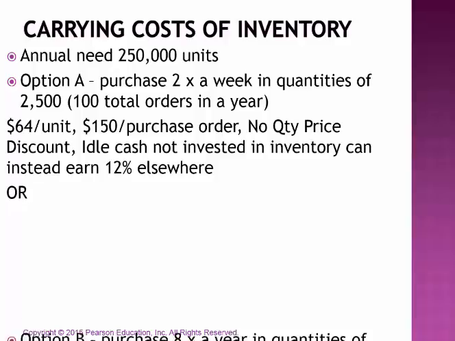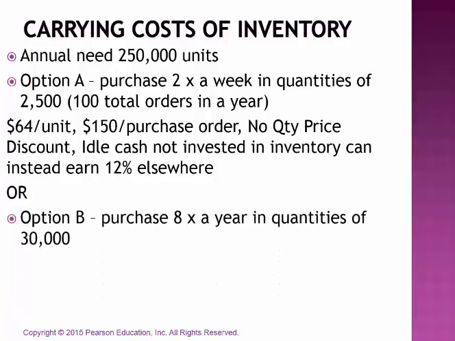Our second option is to instead purchase the 250,000 units in 8 orders. So 250,000 units divided by 8, we are going to be purchasing in quantities of 30,000.